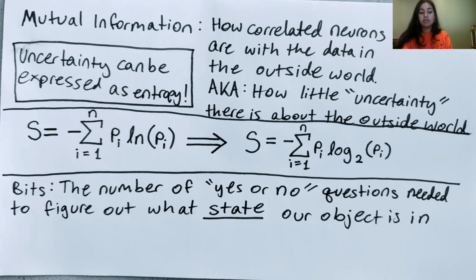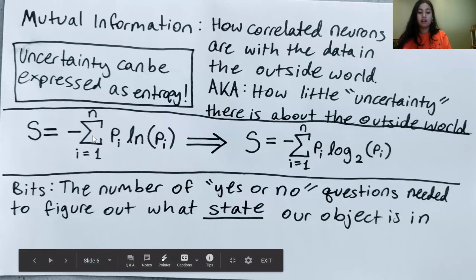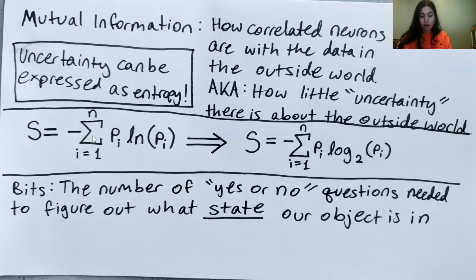But basically, we can use the following formula here to find the entropy or uncertainty S of an object, which can take n possible states. This formula is taking the negative of the sum of each probability of a state happening times the natural log of the probability of that state happening.